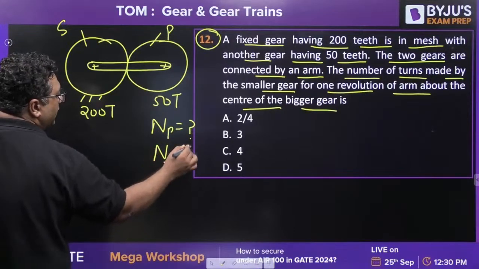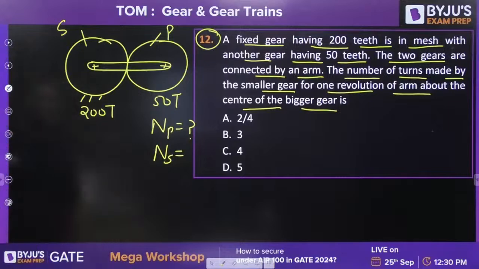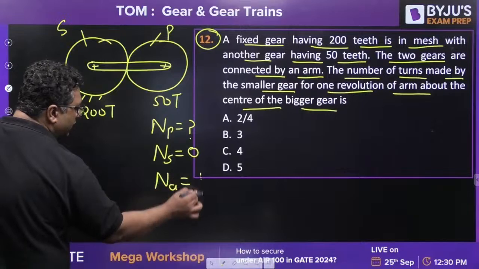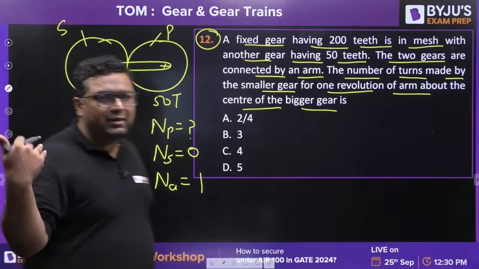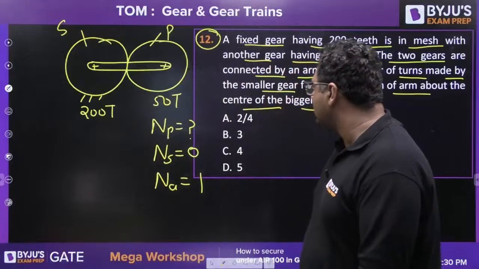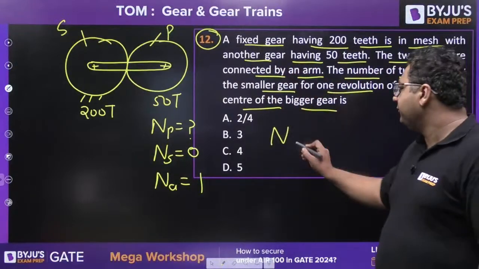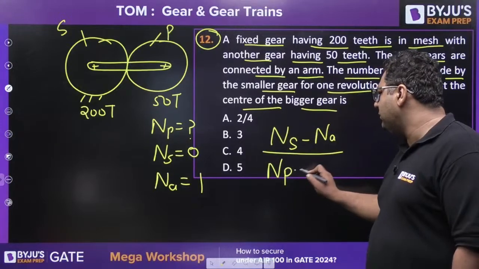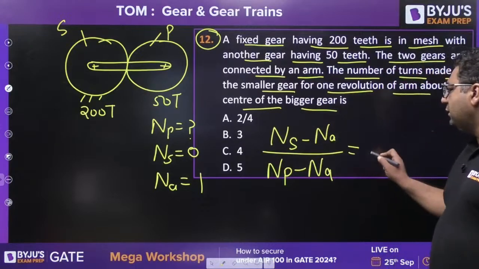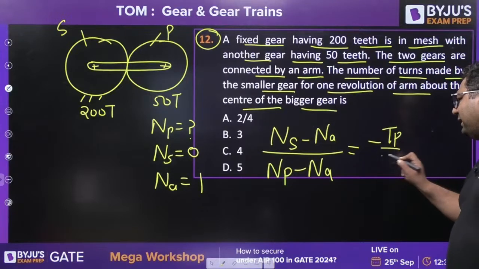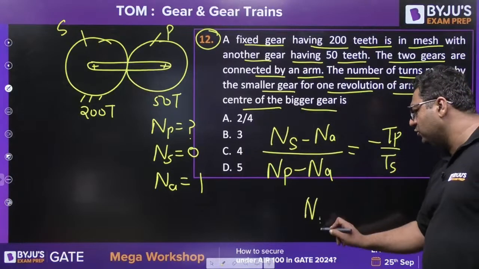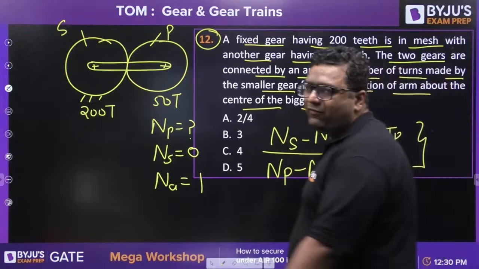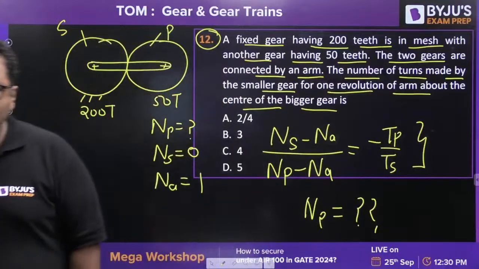The smaller gear for one revolution of arm: NS is 0, N arm is 1. So you apply the same equation we have just seen. The equation was NS minus N arm over N planet minus N arm equals minus TP by TS. Get the value of NP. Algebraic method is applicable only for epicyclic and planetary gear trains.